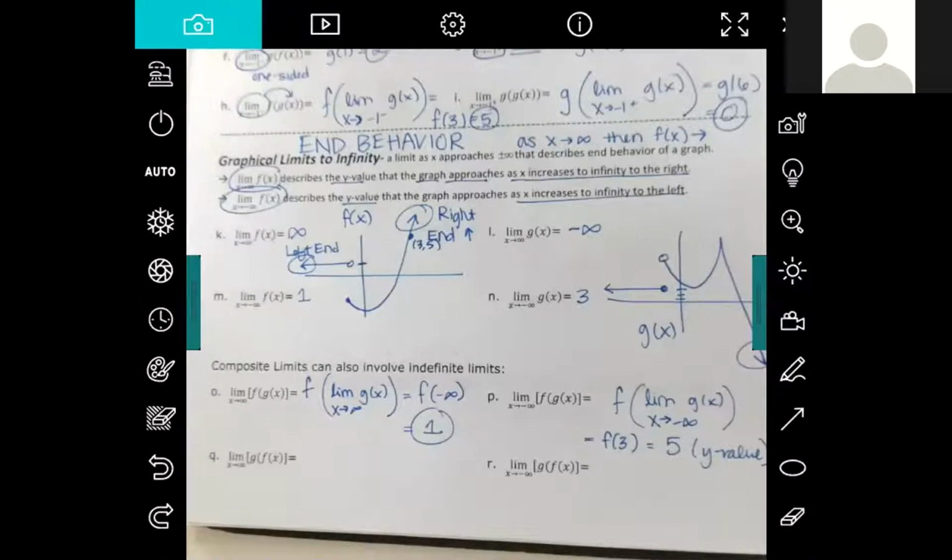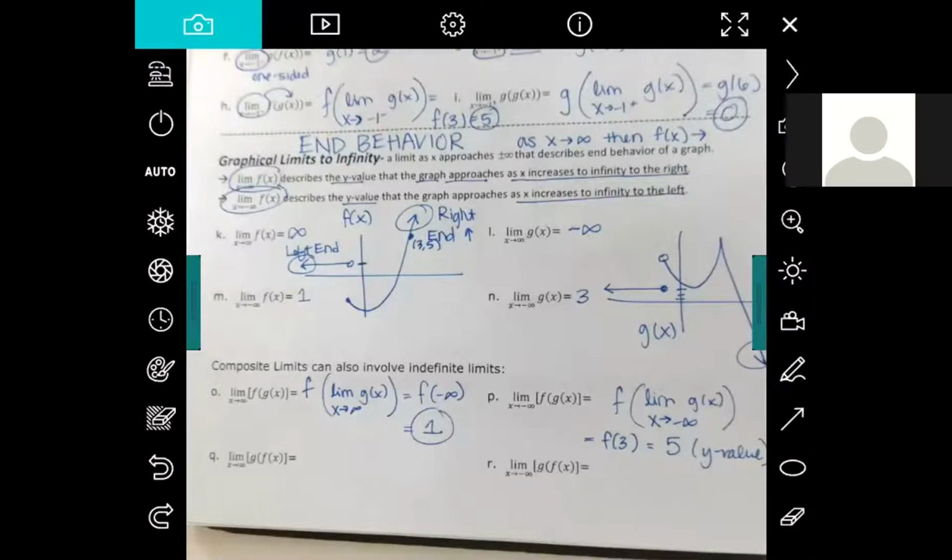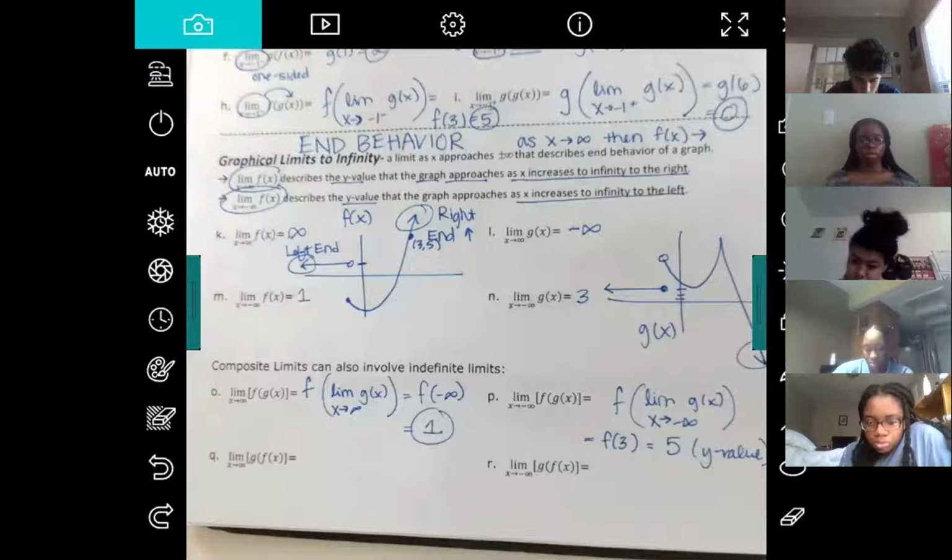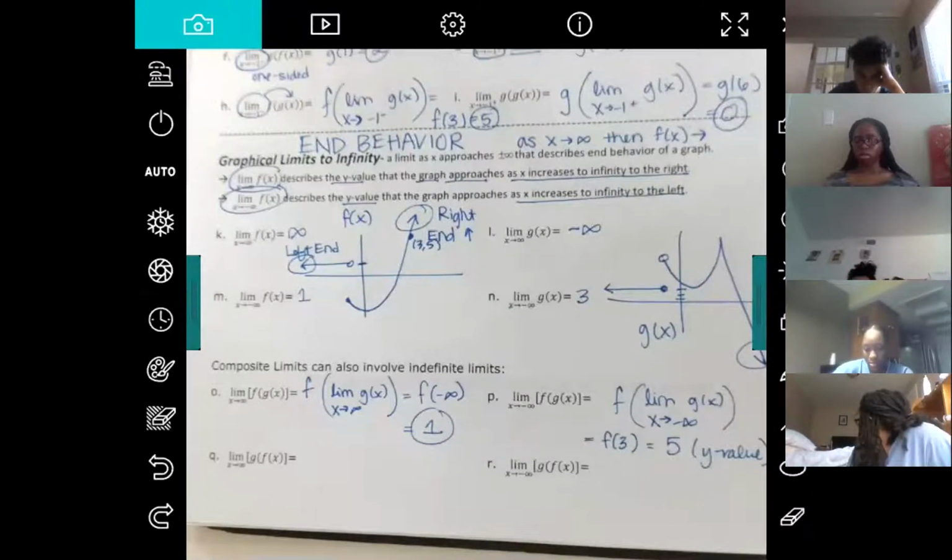Alec Fields is not able to get in the Zoom. Okay, thank you for telling me that. Let's figure out what is going on with this.